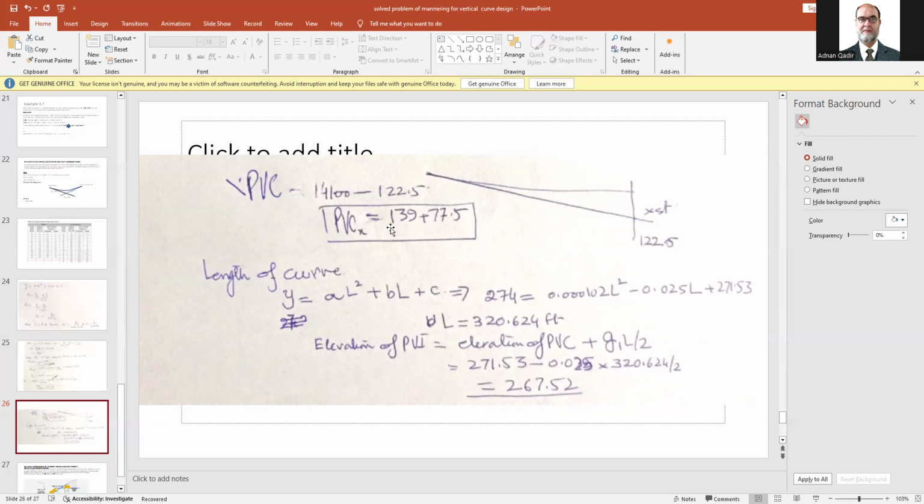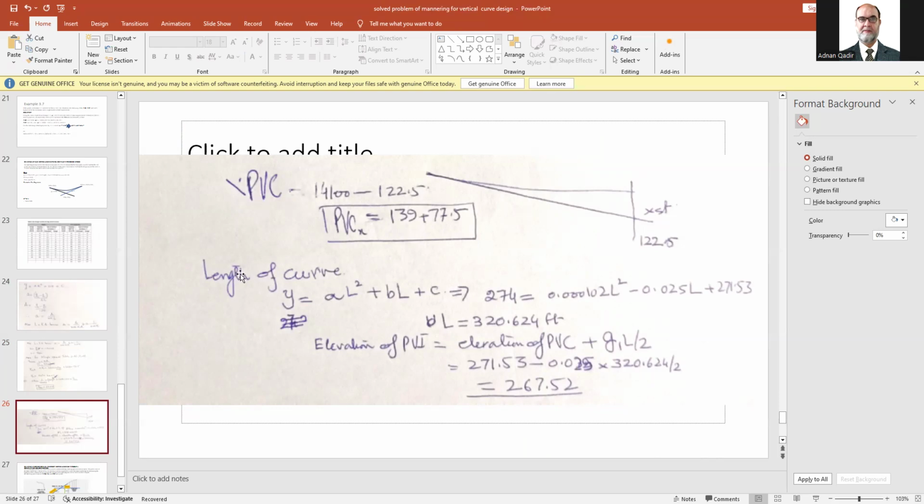That's why we can say the start of the curve is simply the station that has been given by X minus the distance of X from PVC. We find that this is 139 plus 77.5. Conversely, if I say this PVC is 139 plus 77.5, and the station is 141, so that the distance is 122.5. That's how they have calculated the stationing of PVC.